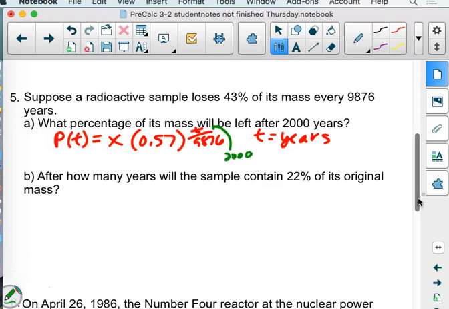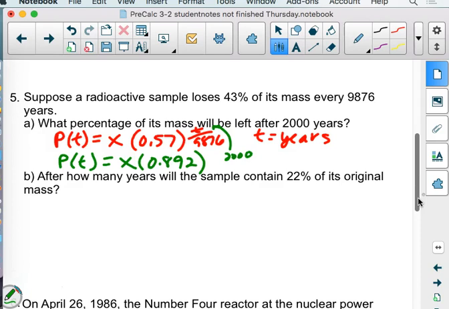You're thinking, how am I supposed to know about the percentage? You're thinking too far ahead. Let's figure out what we'd have so far. This would be 0.57 to the parentheses 2,000 divided by 9876. So P of t would equal initial value times 0.892.